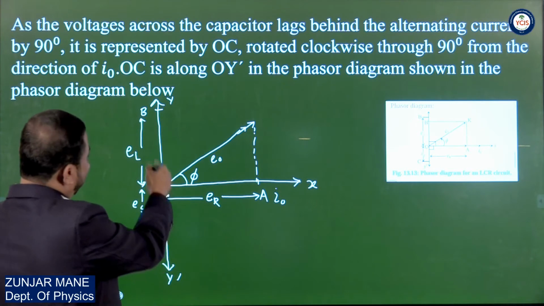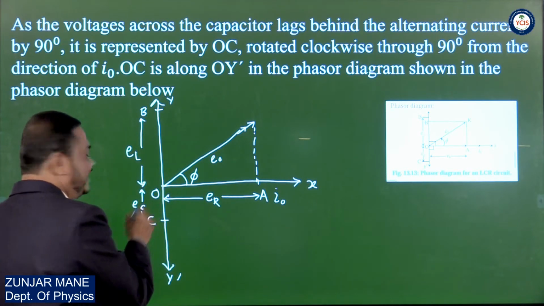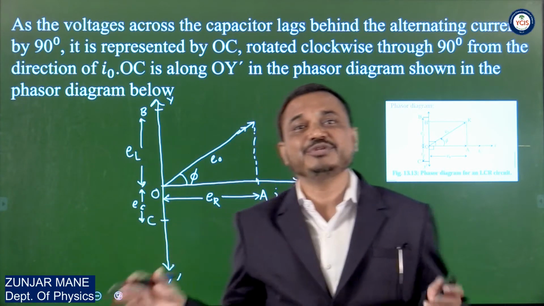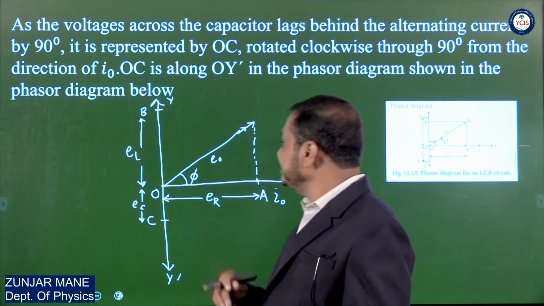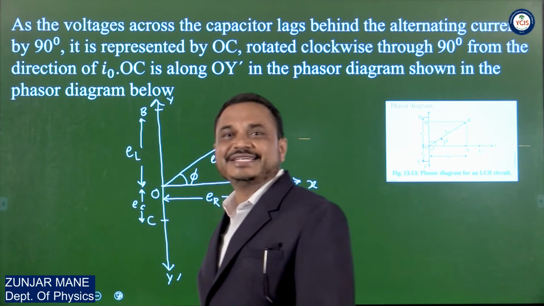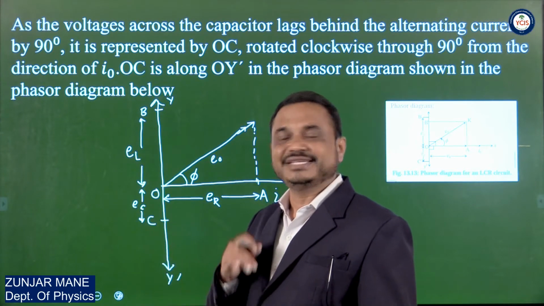So it is found that the phase difference between EL and EC is 180 degrees, so they are opposite to each other. Therefore the resultant potential due to EL and EC is EL minus EC or EC minus EL.